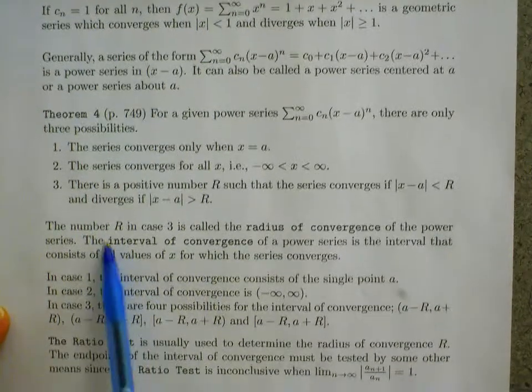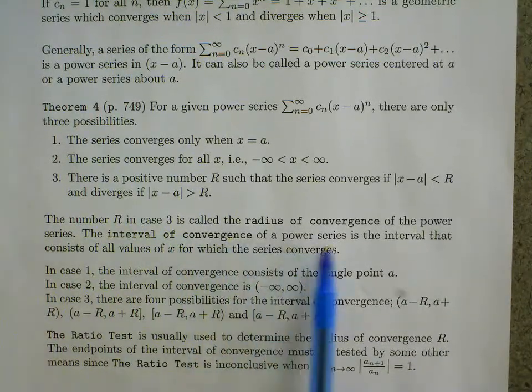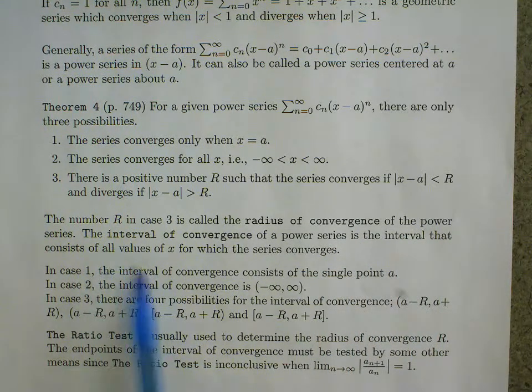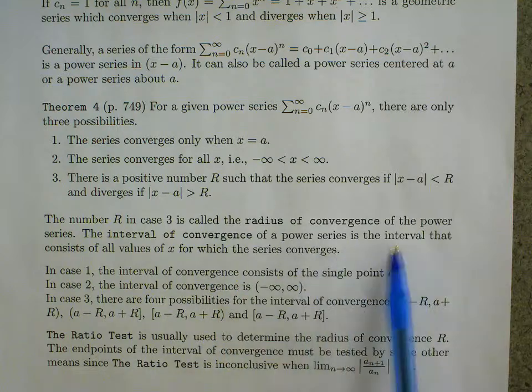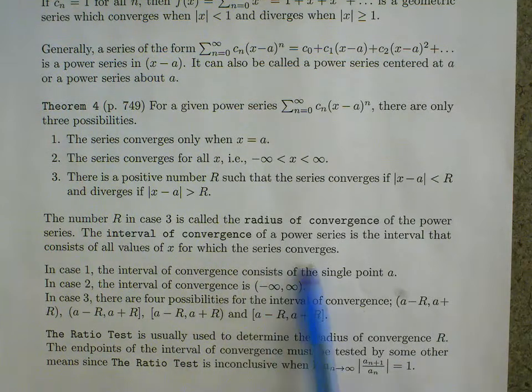Okay, so the number capital R in case 3 is called the radius of convergence of the power series, and the interval of convergence of a power series is the interval that consists of all values of x for which the series converges.